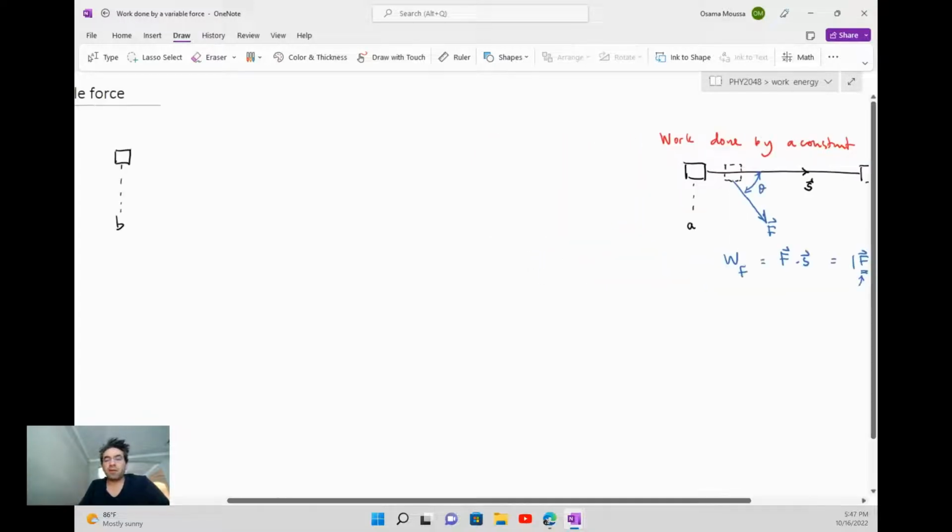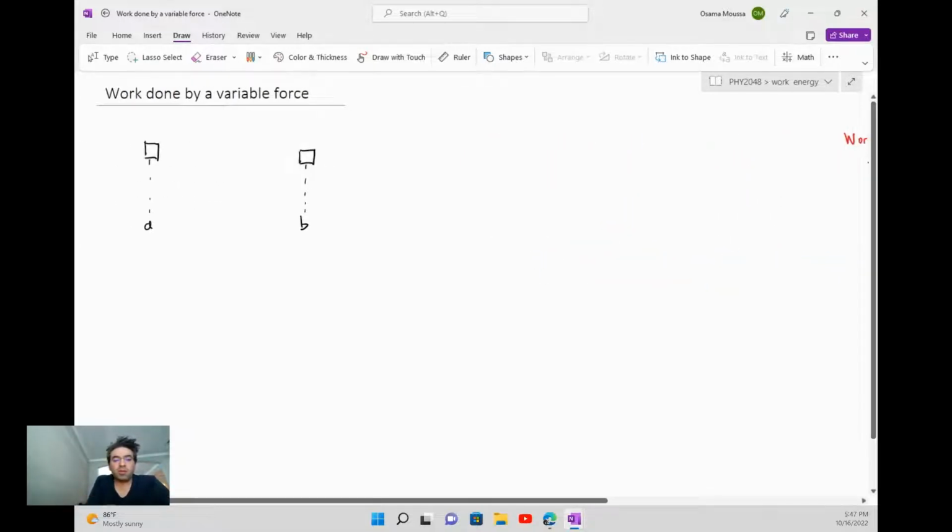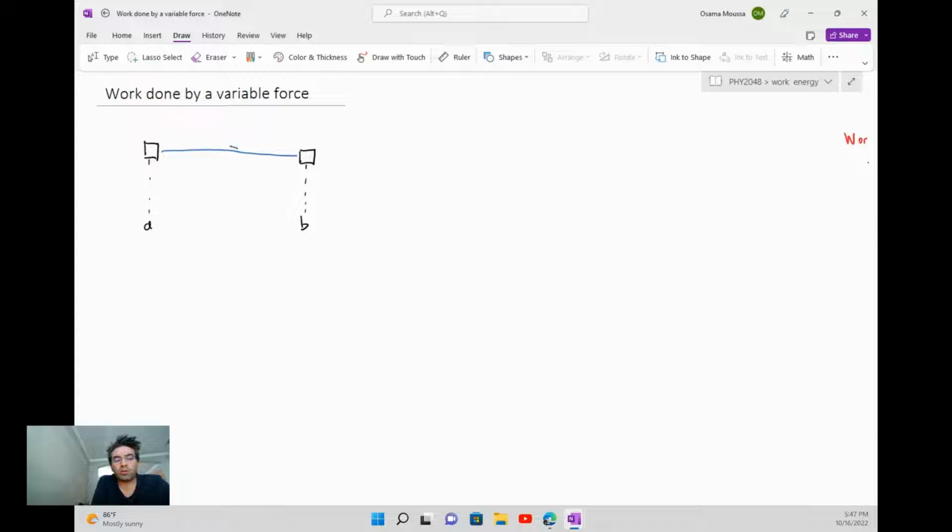So without loss of generality, we're just going to deal with the situation where I am displacing along a straight line from point A to point B, and the force is acting on that object, and let's say it's acting in the same direction as the displacement for now. And then the magnitude of the force depends on the location.